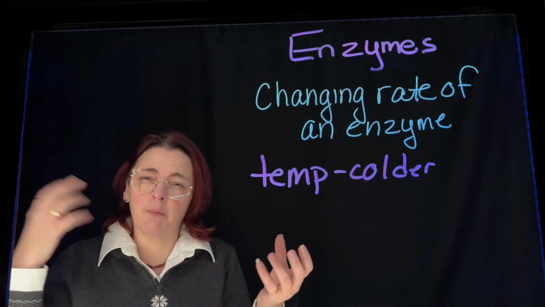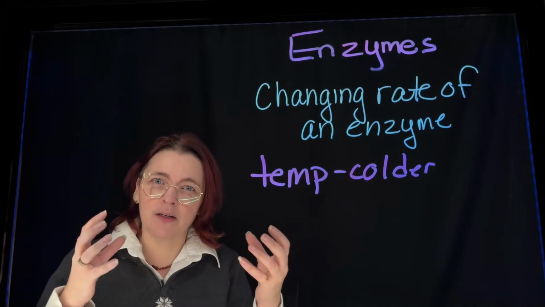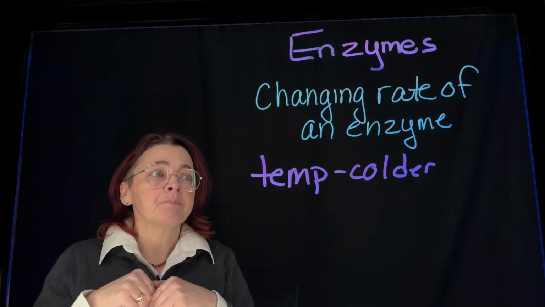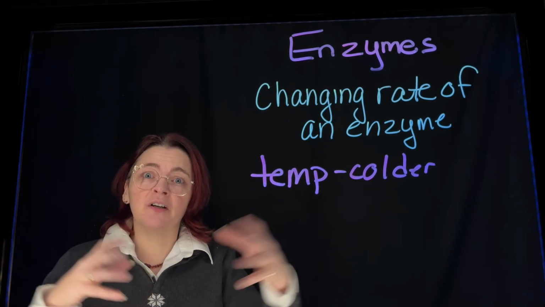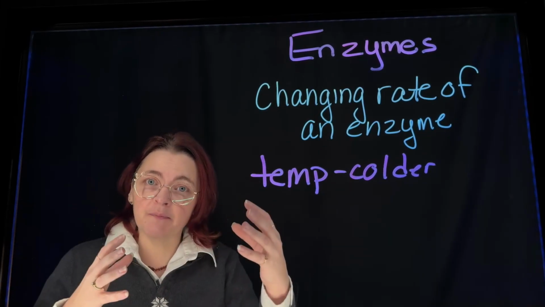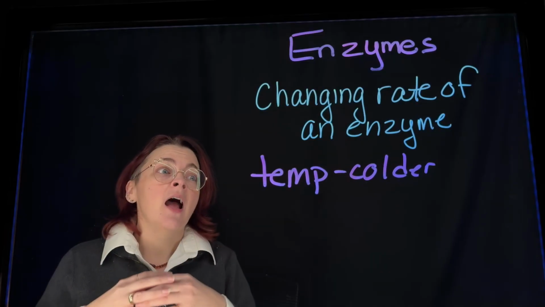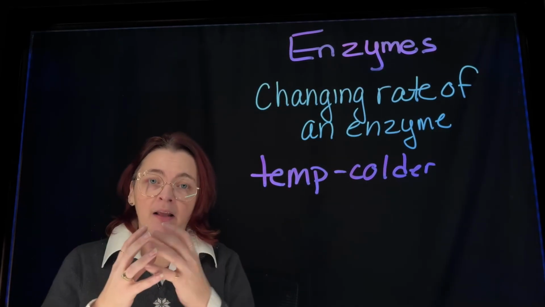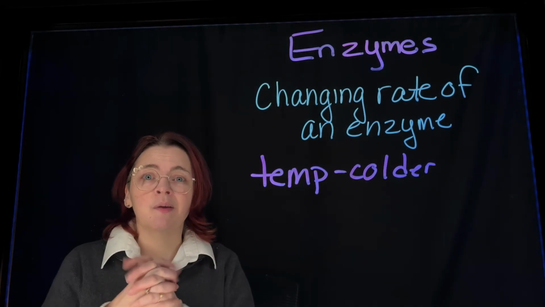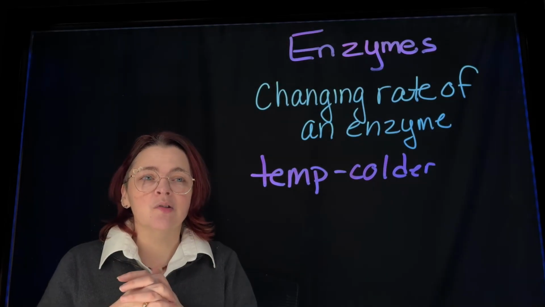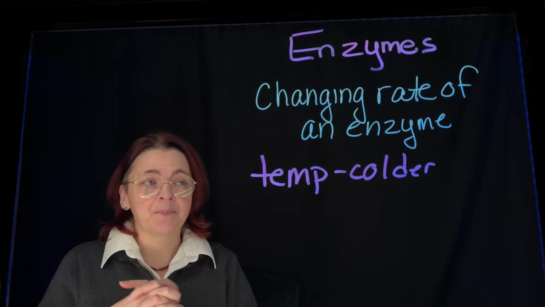So if the enzyme never bumps into the substrate, it's not going to react. So as it gets colder, there's going to be less movement of molecules. The movement slows down. There's going to be less bombarding of the substrate and the enzyme. So it's going to slow down the rate of that enzyme.